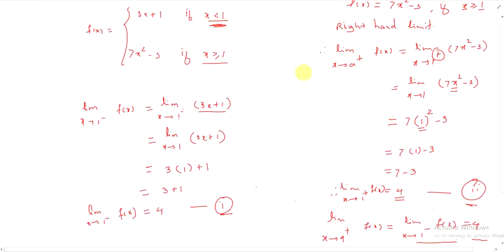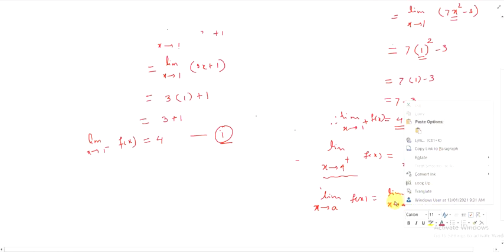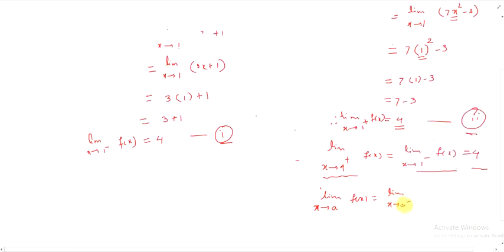Now from this example we can state that, here, if the function is defined at a point only, then we can write limit x tends to a of f(x), limit x tends to a plus of f(x).